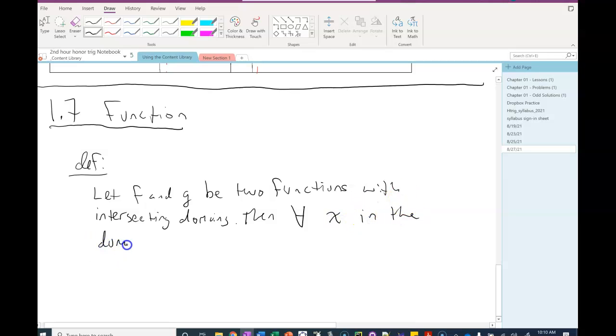So we'd say then for all x's in the domain, let's be specific, in the intersection of the domains of f and g, the algebraic operations performed on f and g are defined by the following.